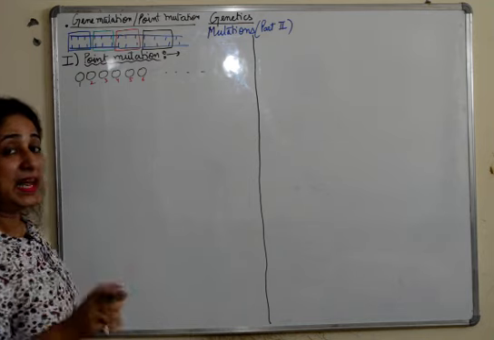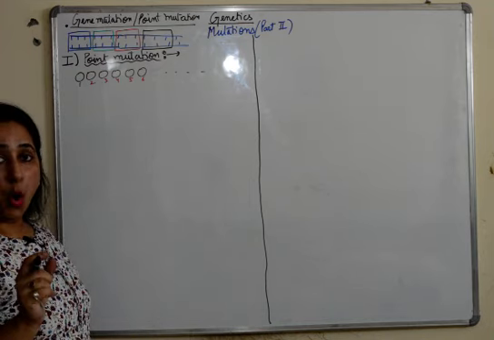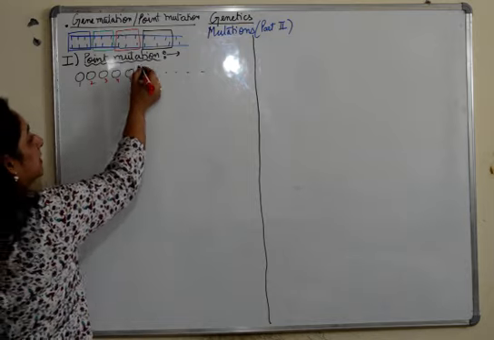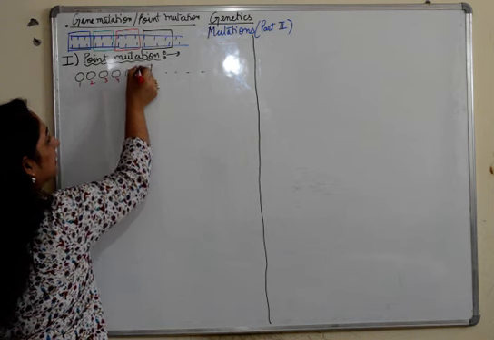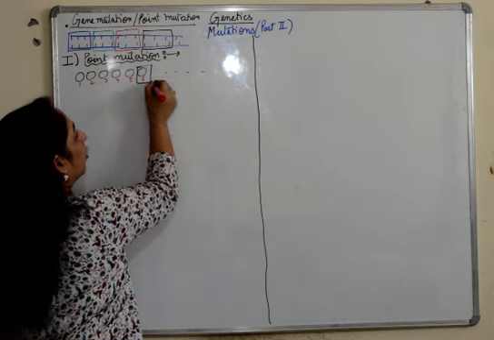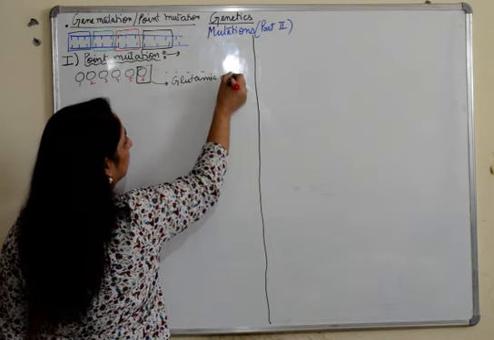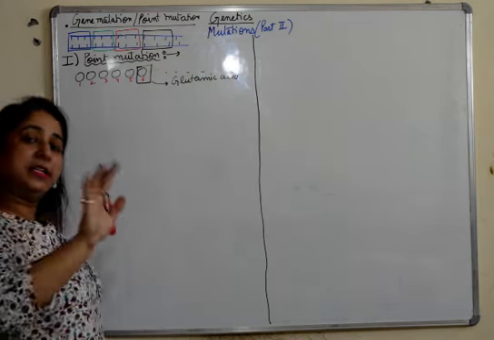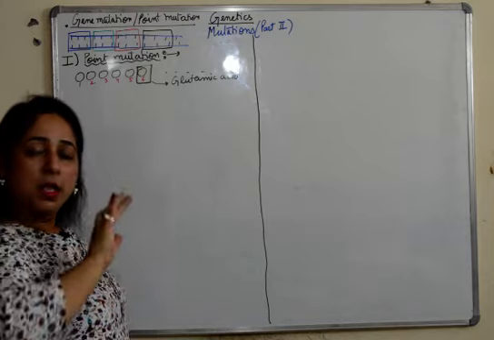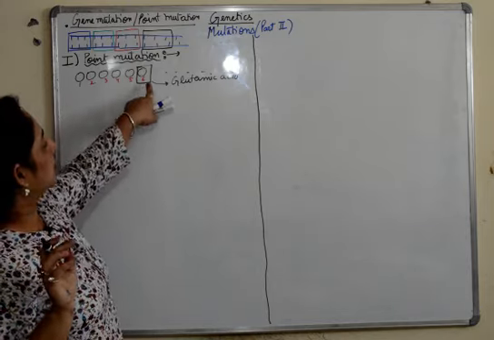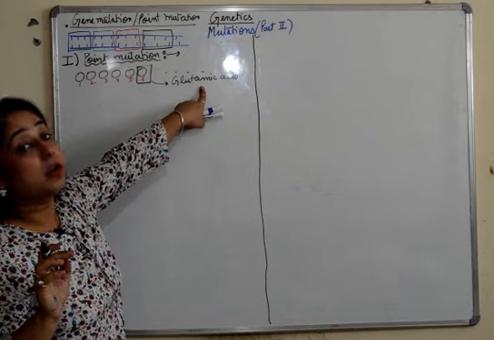In the beta chain of hemoglobin, in a normal human being, the 6th amino acid is going to code for glutamic acid.